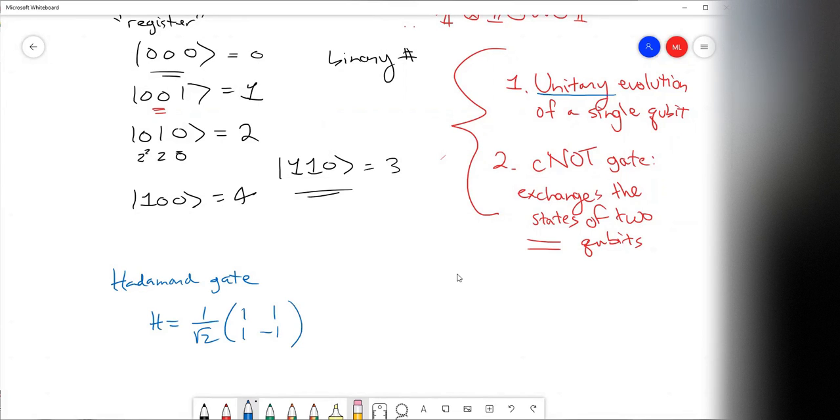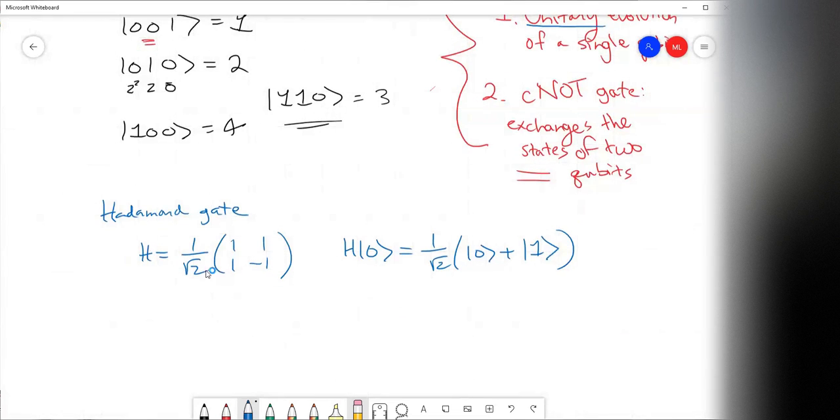It looks like that. And what this does is it takes any state and gives you a superposition of the constituents, 0 and 1. You just work out what it is. It's just matrix multiplication. And you can also see what it does on 1.